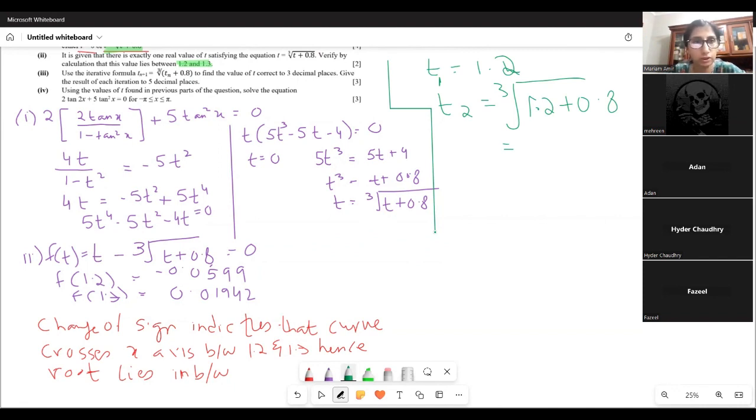Then we write cube root of answer plus 0.8, which gives 1.25992. The question says 5 decimal places, so give the result of each iteration correct to 5 decimal places. Next is 1.27238. Next is 1.27494.